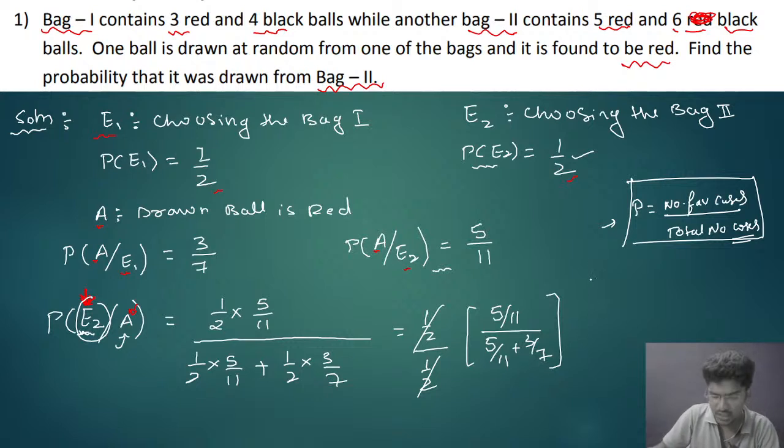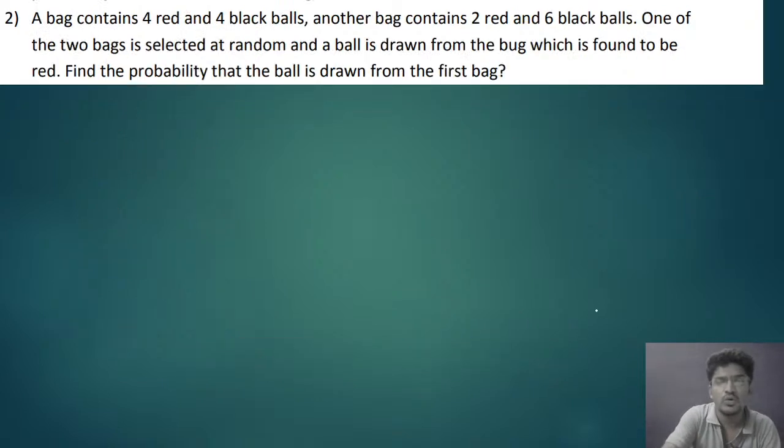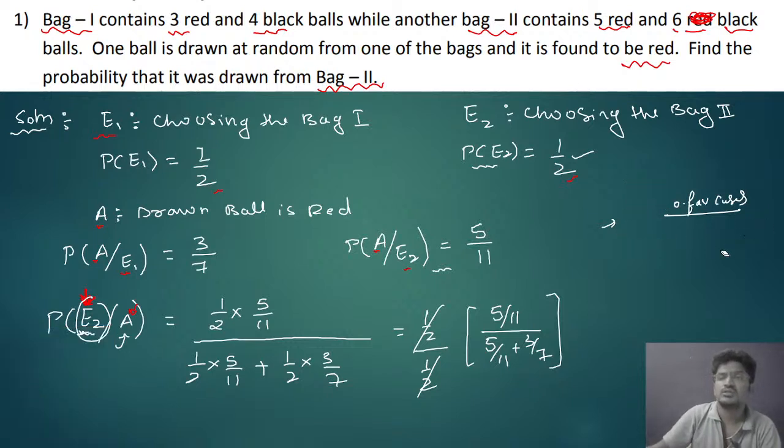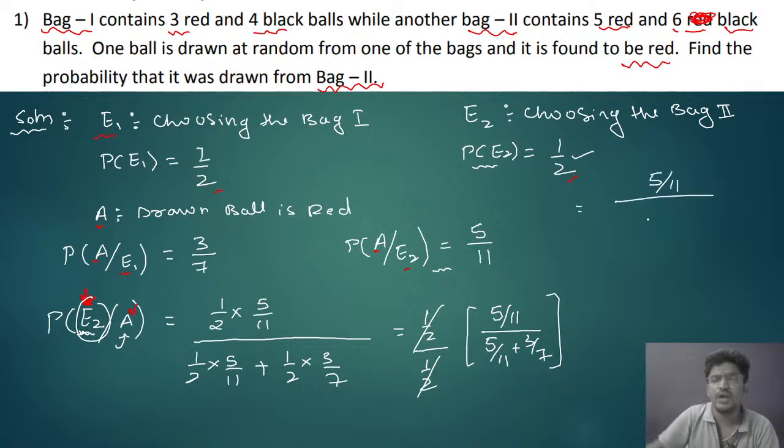That will be 5 by 11 divided by 5 by 11 plus 3 by 7. The LCM is 77.